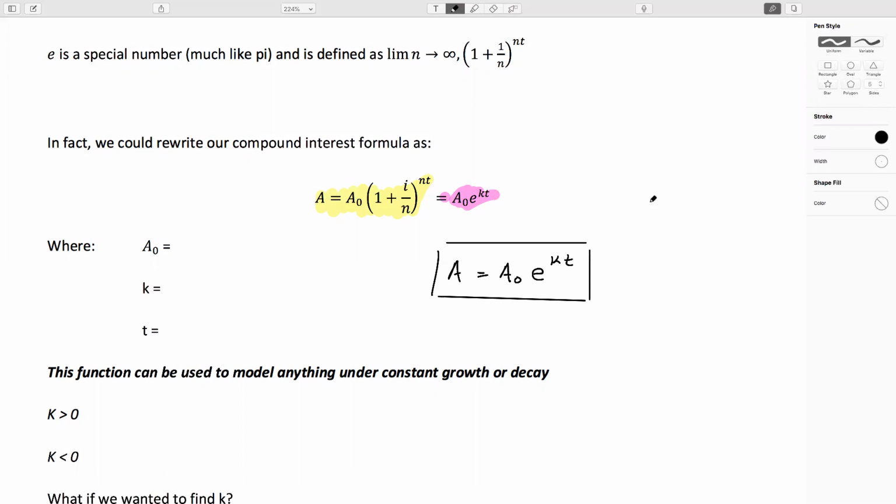This formula can be adapted to model any kind of exponential growth or decay, specifically continuously growing things. So things like bacteria. When bacteria multiply, that's happening continuously. It's not like every hour they decide to spit out a bunch of new bacteria. It's constantly happening. Things like population growth or decay.